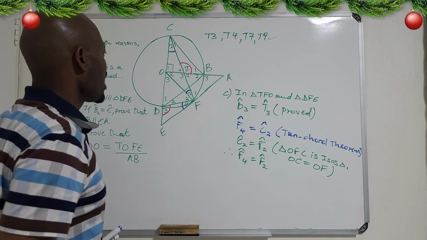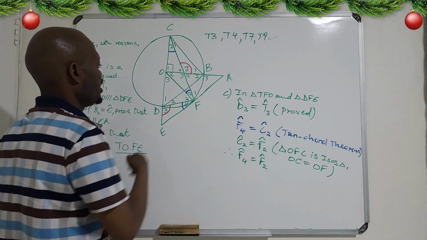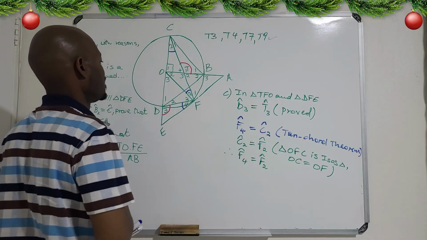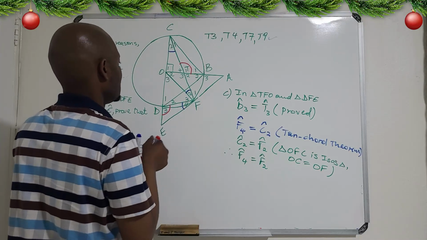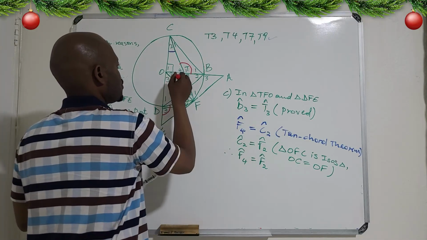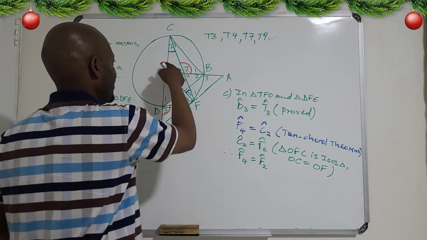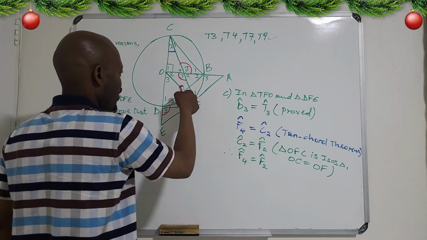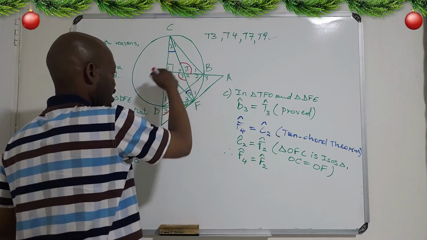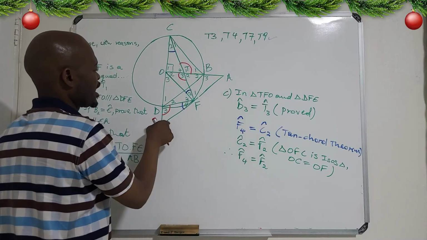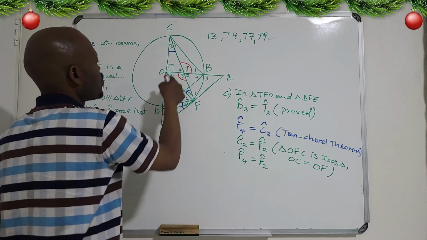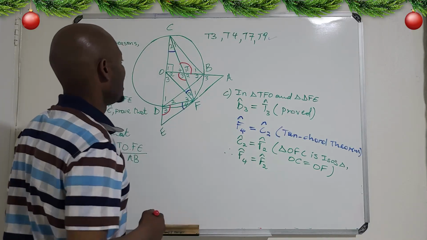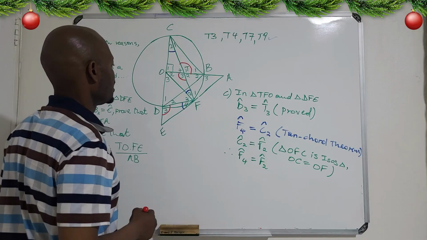Already we've got two angles which are equal. This is equal to that. We've just said that this is equal to that. And in this triangle, obviously this angle there will be equal to that angle there, which is the third angle of a triangle.